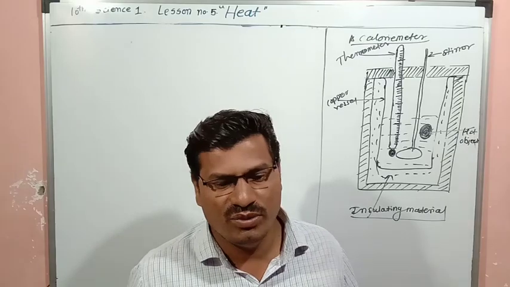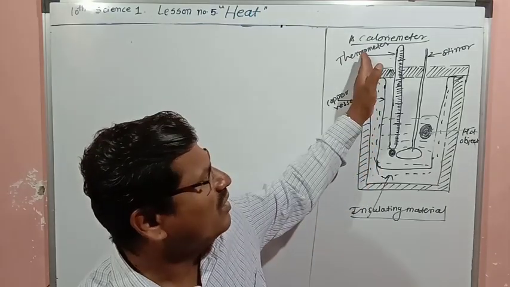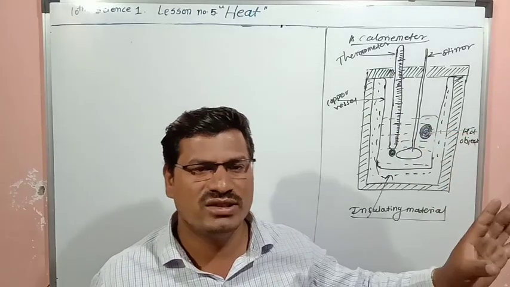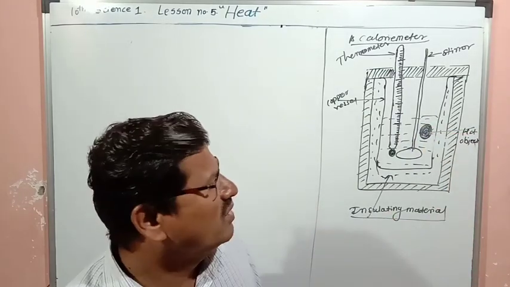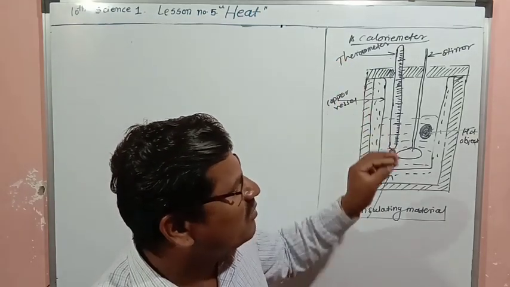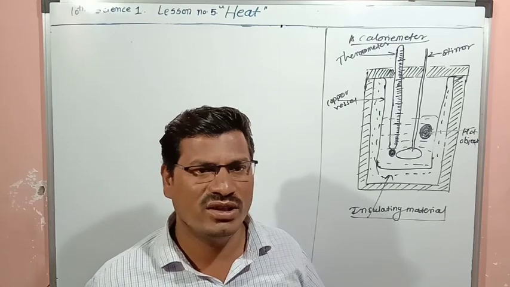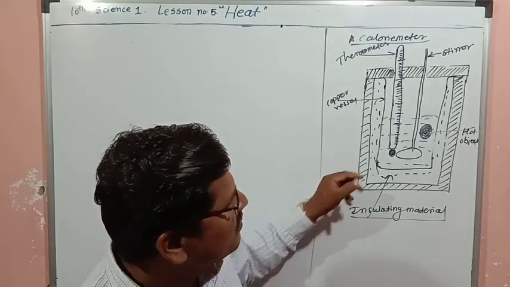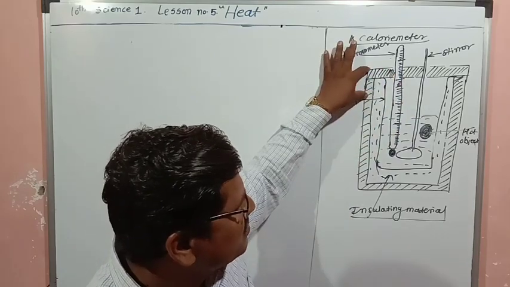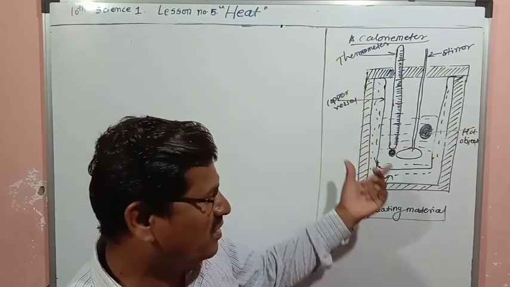So what is the calorimeter? Calorimeter is a device, and it is used to measure the amount of heat. To measure the amount of heat exchange, the calorimeter is the device, and in that we can measure the specific heat. The calorimeter is a heat resistant box.